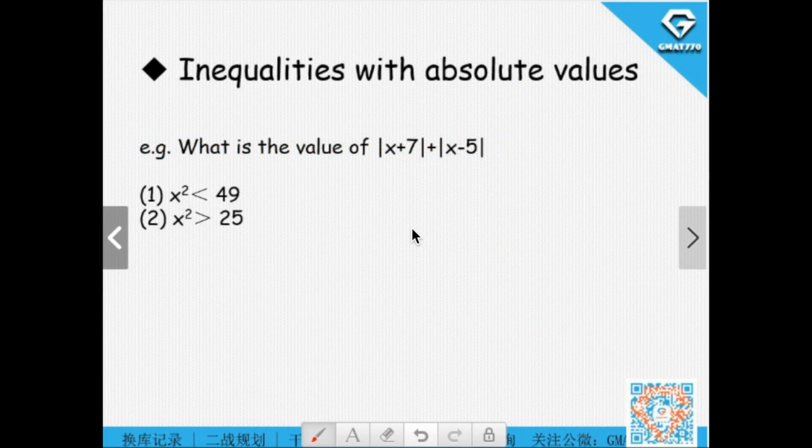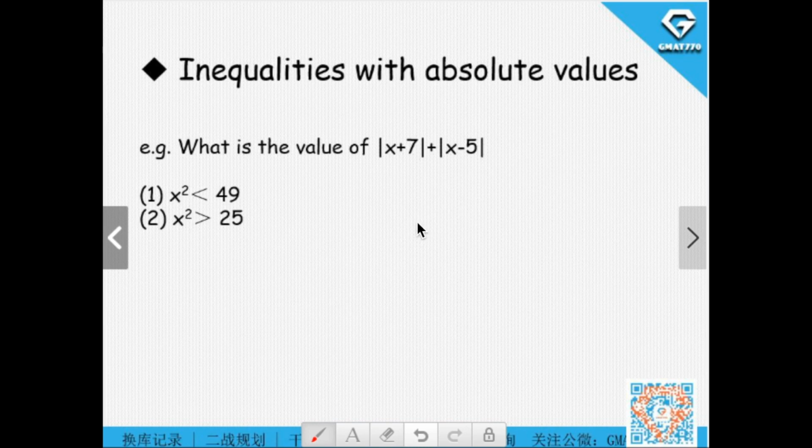Okay, let's use some data sufficiency questions to have a deeper understanding of the methods we have just learned. This question is asking for the value of the absolute value of x plus 7 plus the absolute value of x minus 5. As we have learned in method 3, absolute values can be seen as the distance between 2 points on the number line.